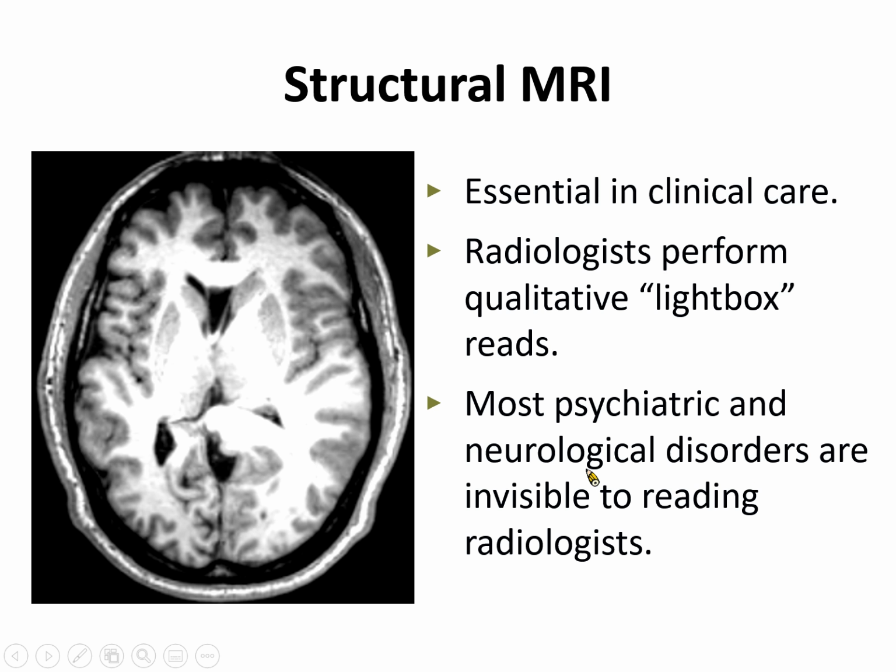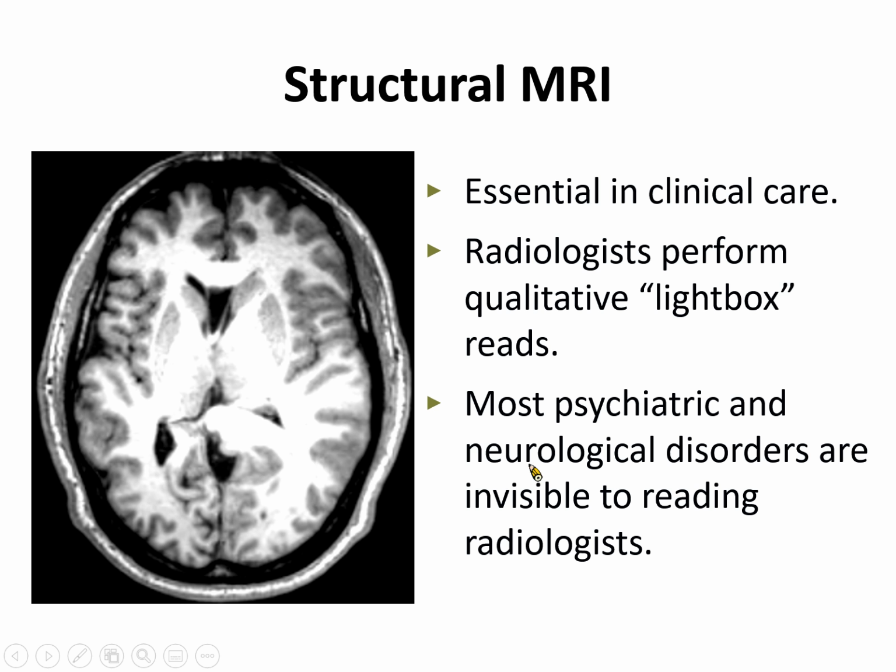What I mean is that, for example, in this image, you can immediately see the asymmetry between the left and the right hemispheres, and you can immediately diagnose something with these MRI images.